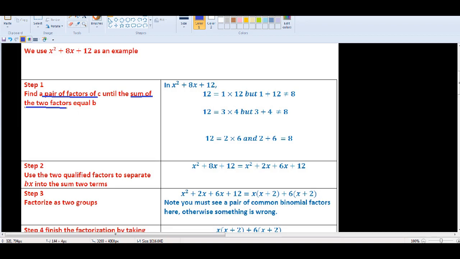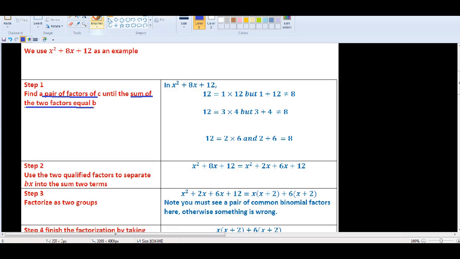But you need to satisfy the second condition, which is the sum of the 2 factors equals b. So you need to add the 2 numbers you've chosen to see if they really equal the middle number. In this case, it is 8. If 12 equals 1 times 12, 1 plus 12 is 13, it's not 8.